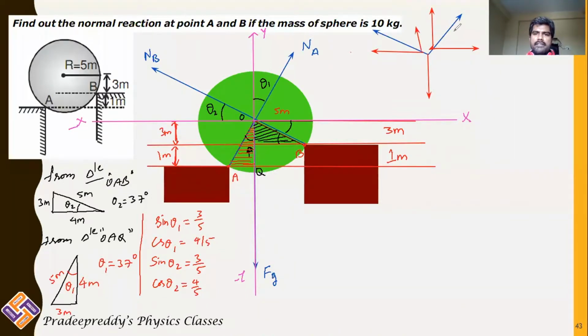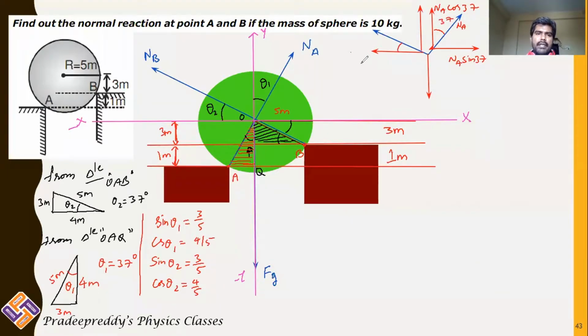Now this angle is 37. Therefore I can write it as, this is NA. It is NA cos 37. This is NA sin 37. Next, this angle is already known, that is 37.